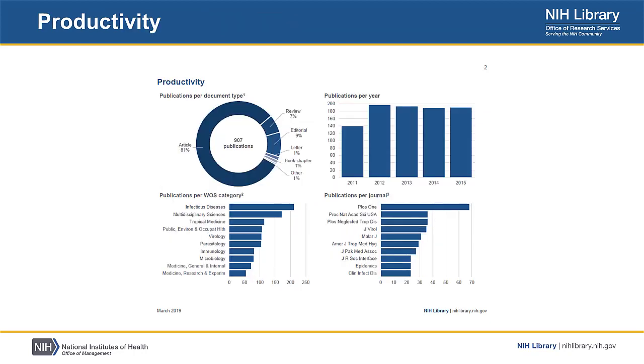Then we organized the report around the major themes of productivity, collaboration, topics, and citation impact. So we start with productivity. Most of these charts and graphs come directly from the Web of Science or the Scopus interface. When we're working with the publication set in whatever database we happen to be using, we can use the analyze results features to pull out things like the document type, number of publications per year, per subject category, and per journal.